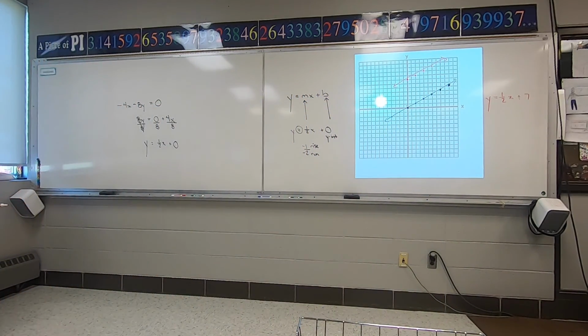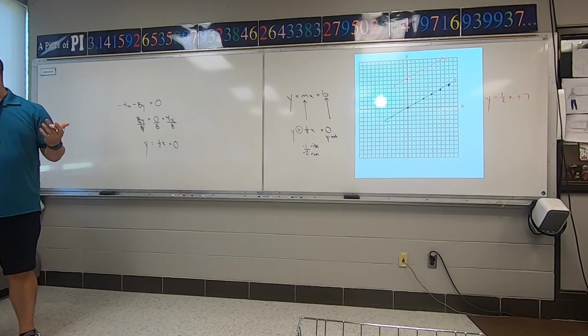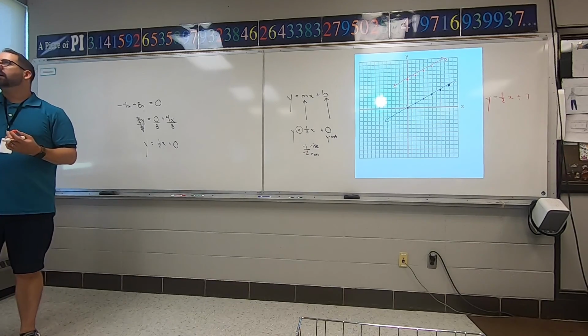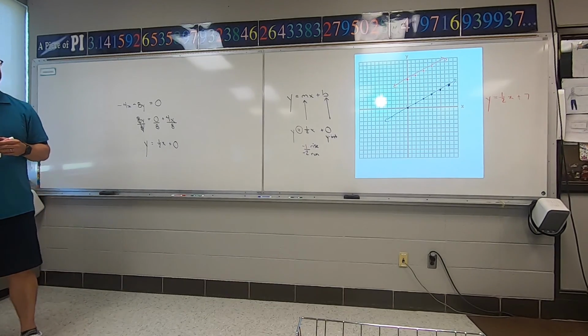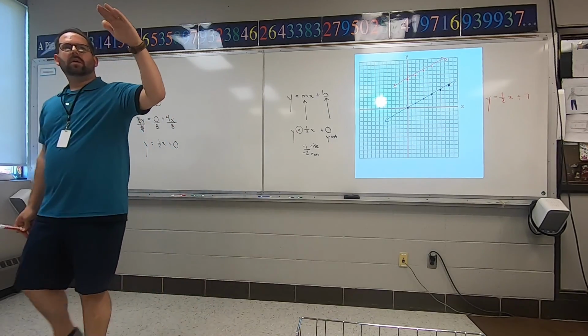Now, if I wanted to turn the line, instead of having it going up to the right like that one, if I want to actually take the line and rotate how it's tilted, that's where you change slope. That's x. It's called a scalar multiplier. It's proportionality.